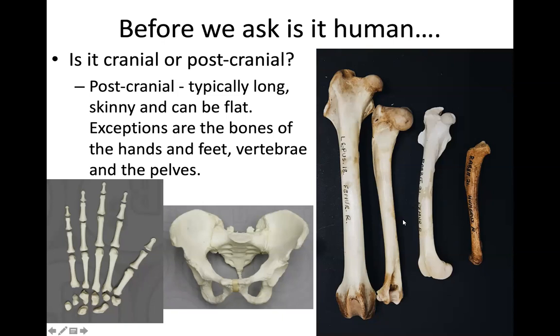So here you see some of the long bones, okay? And the exceptions tend to be in the feet, the hands, the vertebrae, and the pelvis. In the hands and feet, they're not so much flat as more rounded. And in the pelvis, as you can see here, it's not exactly flat. A lot of osteologists I know, whenever they see a curved piece, think pelvis right away.